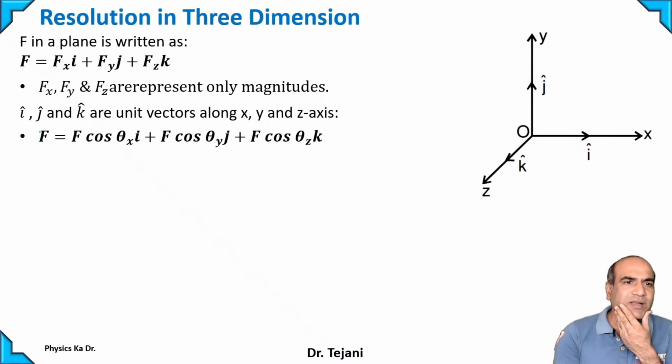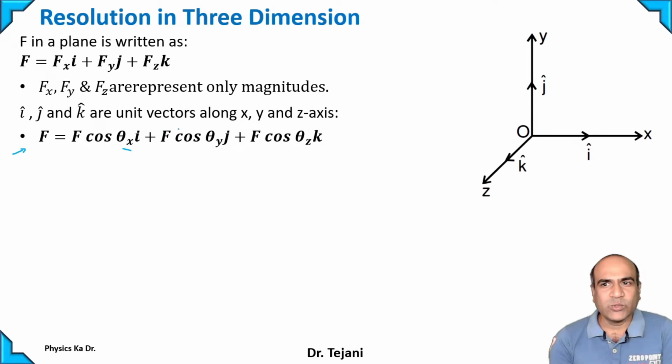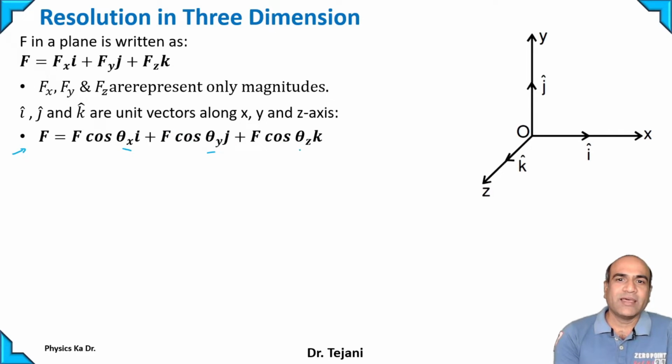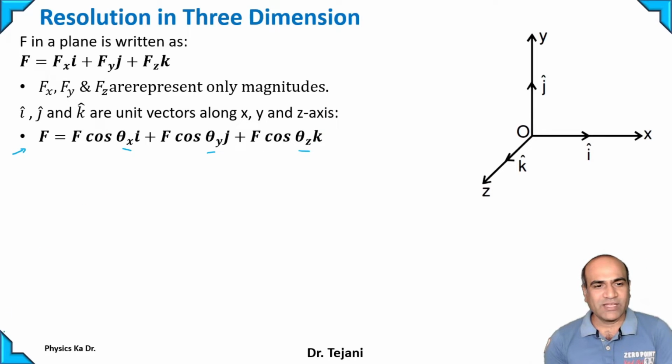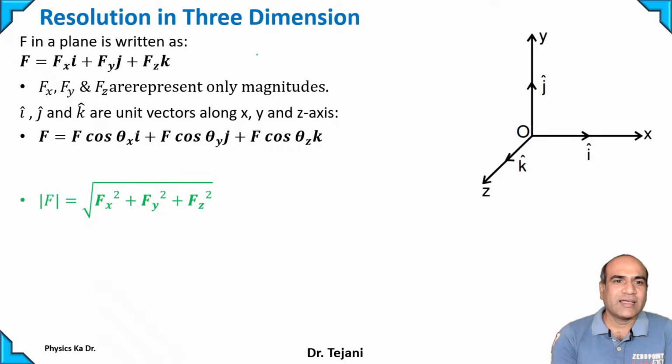So ultimately our answer will be F with cos of the angle with respect to x, the angle with respect to y, and the angle with respect to z. We can solve this conveniently, and ultimately it gives us a result.